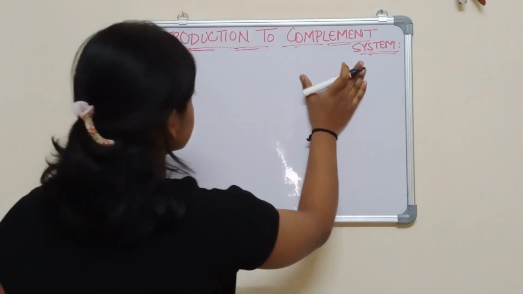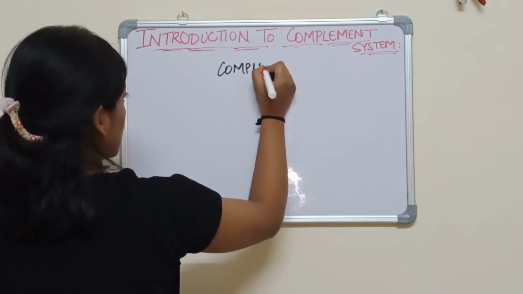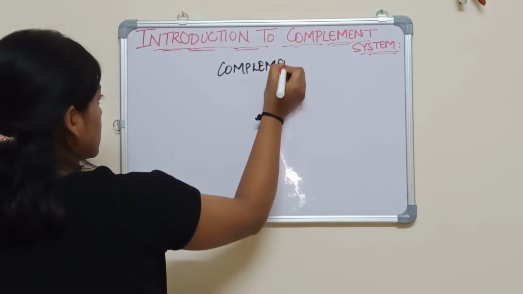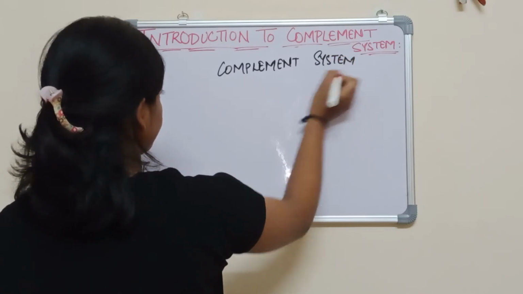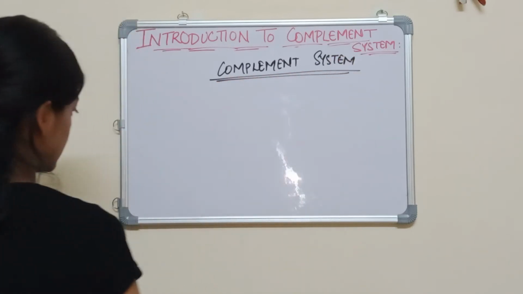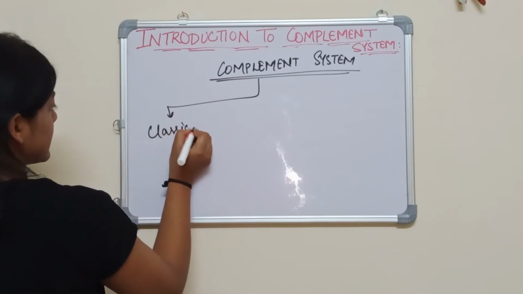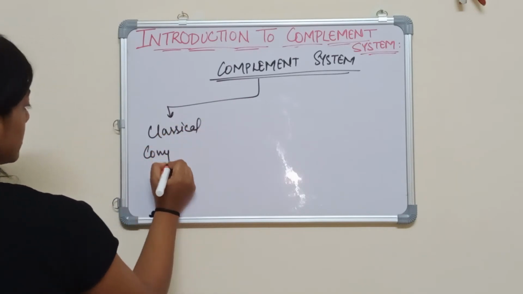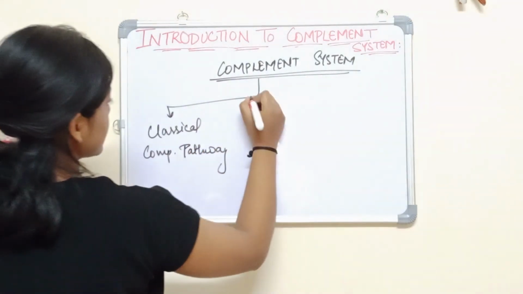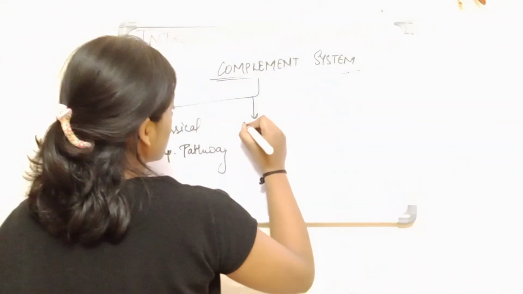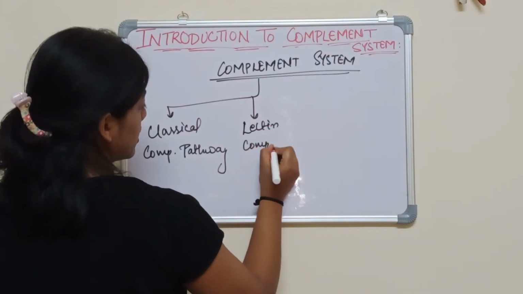And the complement system, or pathway, is of three types. First is the classical complement pathway. Second is the lectin complement pathway.